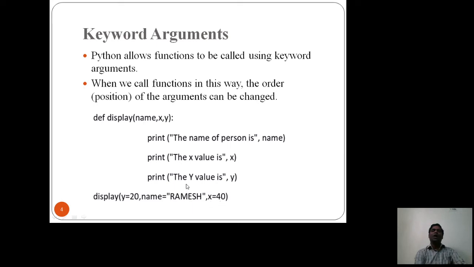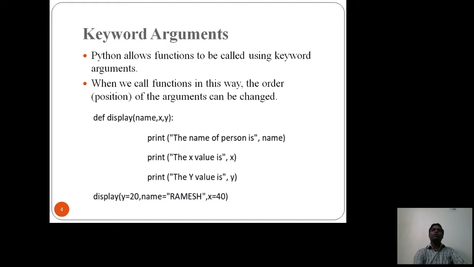That means the order of parameters and arguments may get changed. That kind of arguments we call keyword arguments. Here the variable name, the keyword, and the value are defined while calling the function. We will see it in detail in the example in the Python IDE.